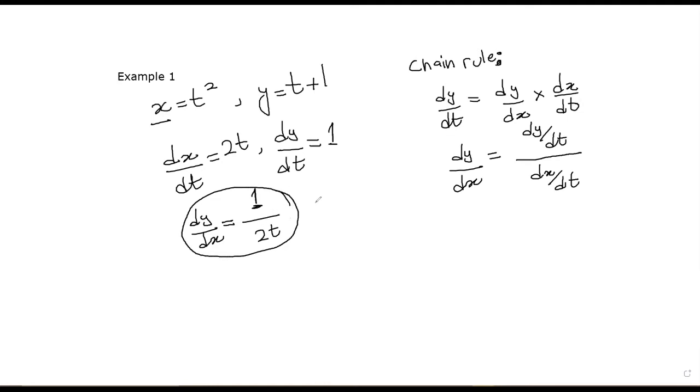So let's go with another example. Here x equals 1 over t plus 1 and y equals t squared. Now we are supposed to find dy over dx as well as the double derivative.